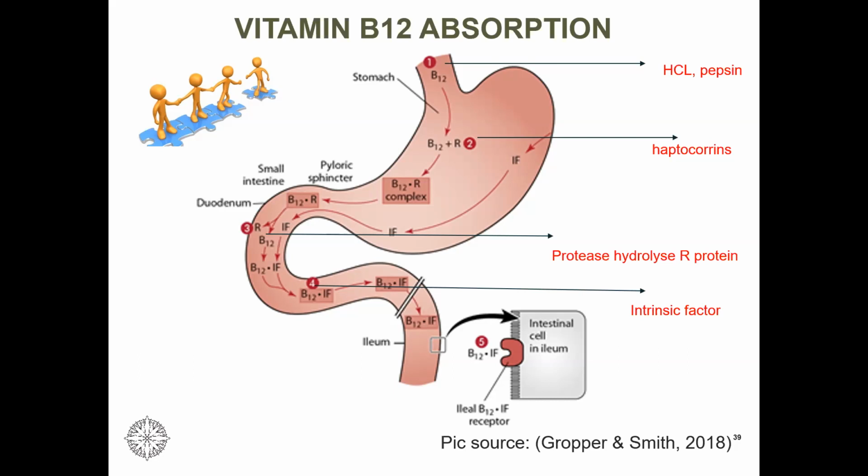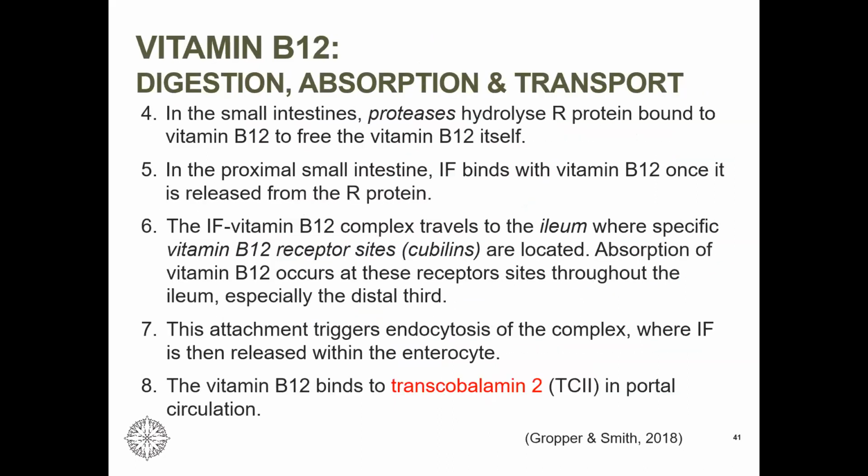Any other question regarding B12 absorption? Is it clear? Go through it, ask questions on Loom, or message me if there is any doubt.